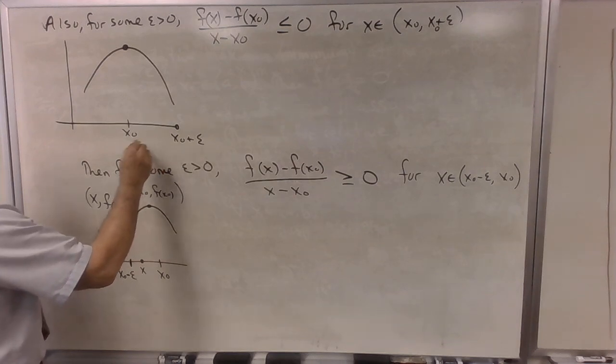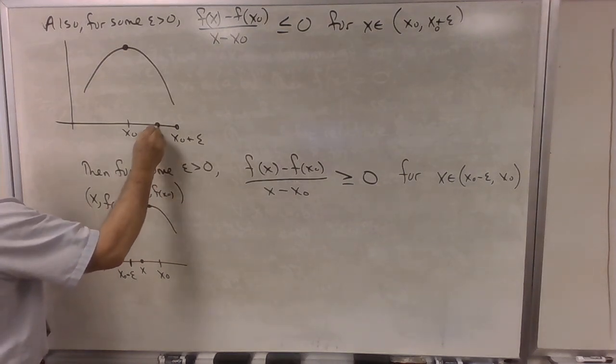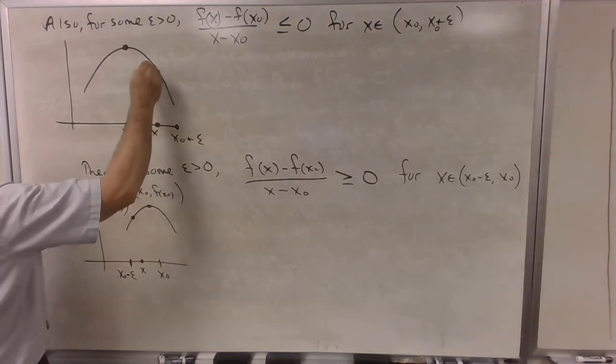Here's x, somewhere between x naught and x naught plus epsilon.